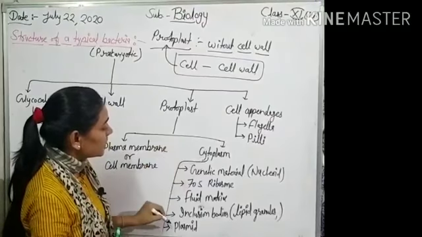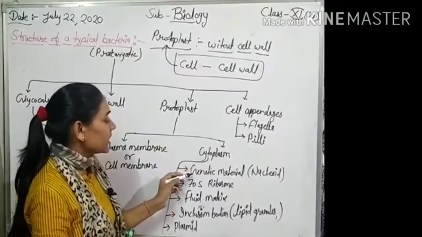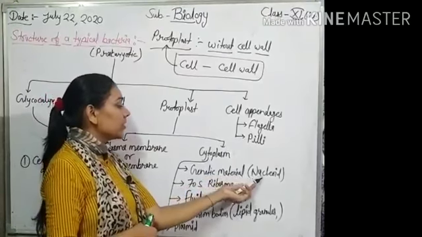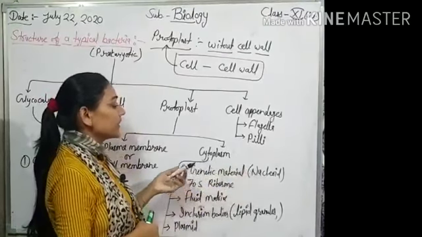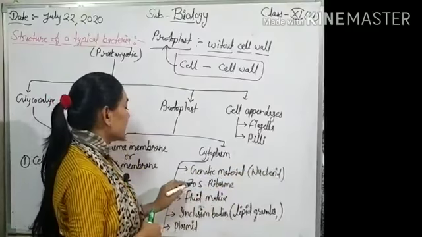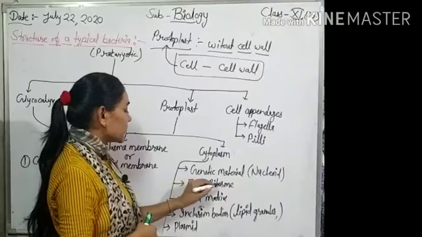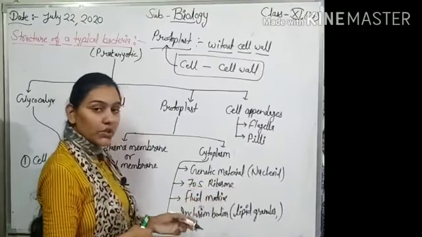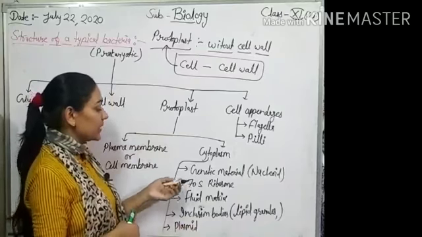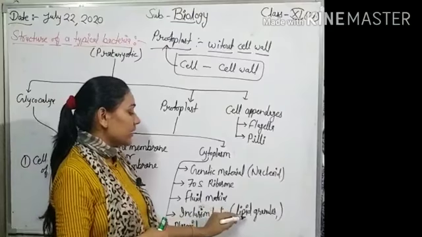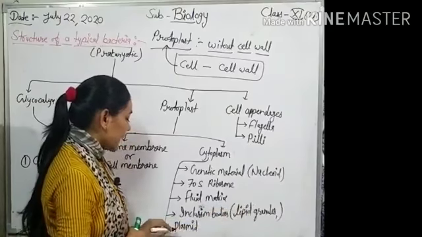It contains genetic material, meaning nucleus, but in bacteria the nucleus is primitive, so it is called nucleoid or genophore, 70S type ribosome cell organelles, fluid matrix containing biomolecules like carbohydrates, proteins, lipids, inclusion bodies like lipid granules, and plasmid.